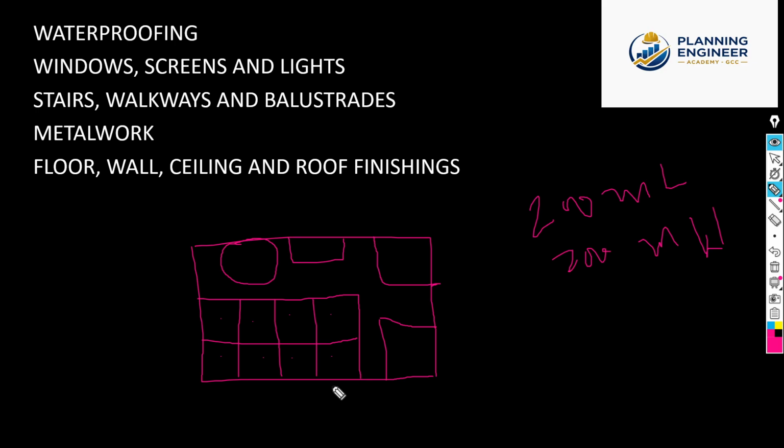We work zone wise. So suppose this is zone 1, this is zone 2, zone 3, zone 4, and this is zone 5, 6, 7, 8. So we divided it into 8 zones, and we provide expansion joints. We'll give one expansion joint here.